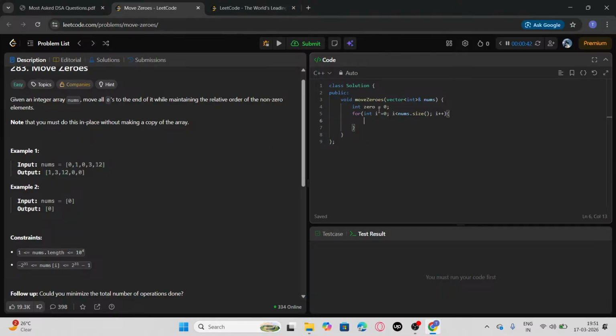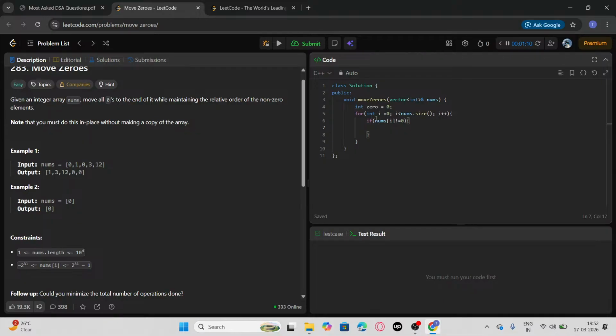What I am thinking is that this int zero would be pointing at the current zero for me, and in this loop we are going to check if nums of i is not equal to 0. If it is not 0, then what can we do? We can replace it with the zero, because we are assuming that our zero is at index zero.